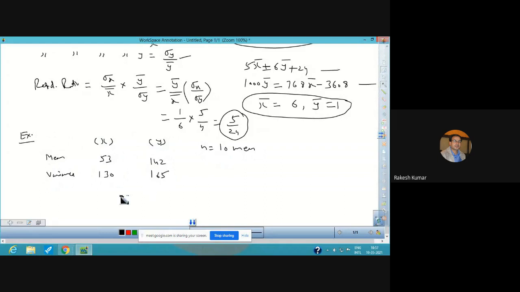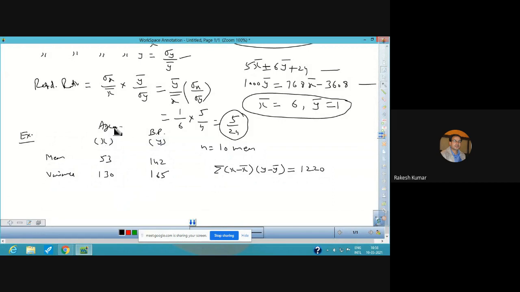One more term is given to us, that is sigma of (x minus x bar)(y minus y bar), that is 1220. We have to find the appropriate regression equation and use it to estimate the blood pressure. This is the blood pressure variable BP, and this is the age.